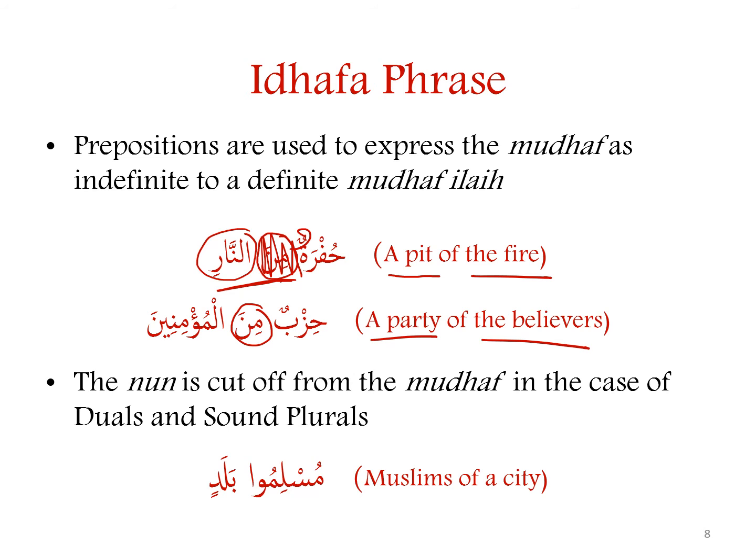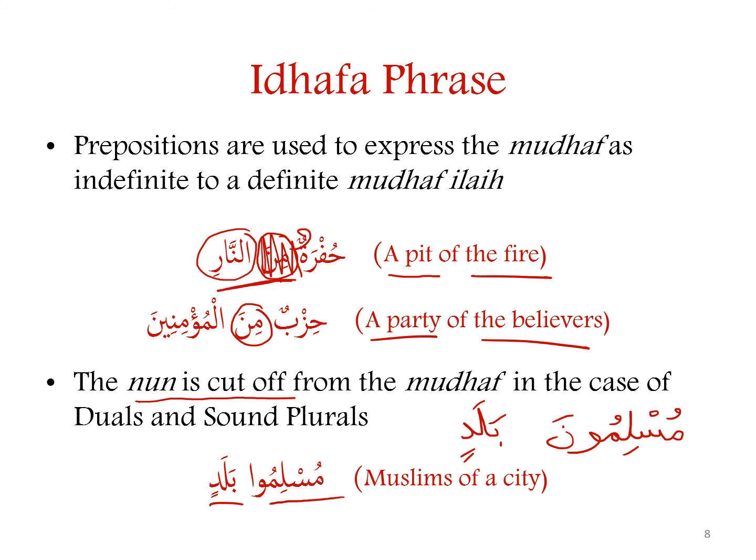Also keep in mind that the noon is cut off when the mudaf is a dual or a sound plural. So muslimu baladin. So if I had the word muslimuna and baladin, so I'm going to put these together to make an Idhafa phrase, say Muslims of a city.